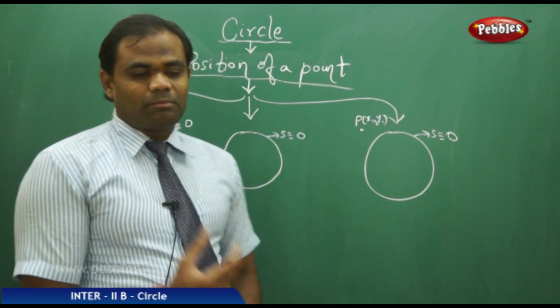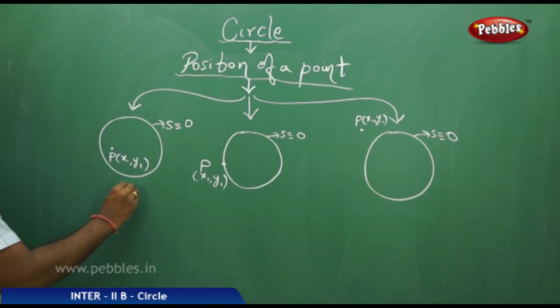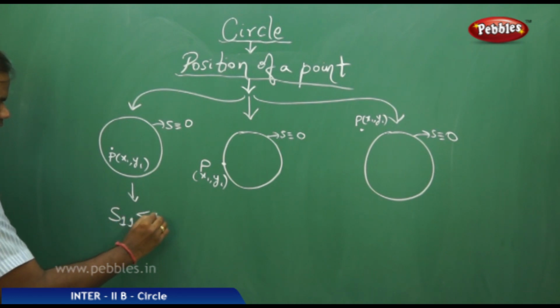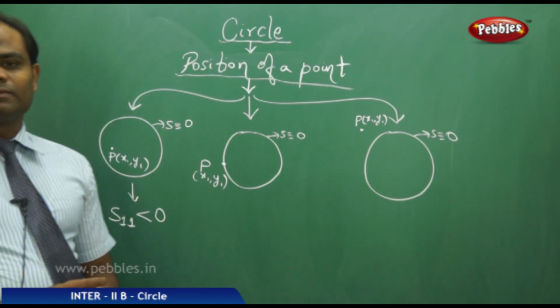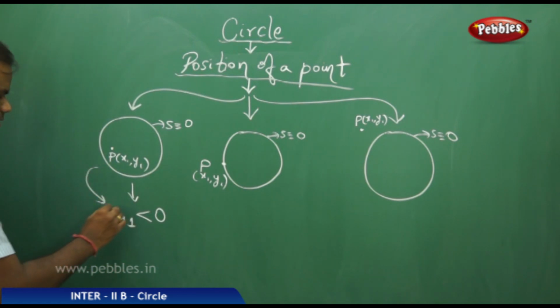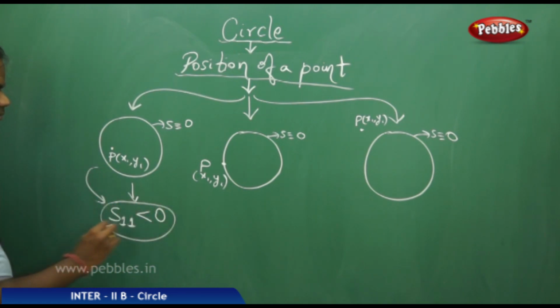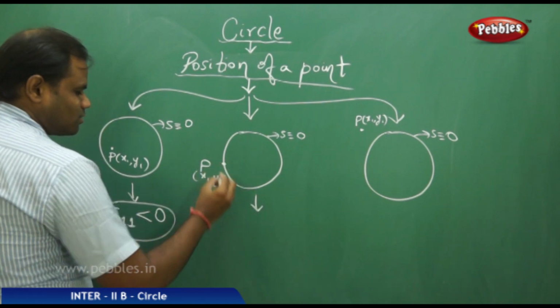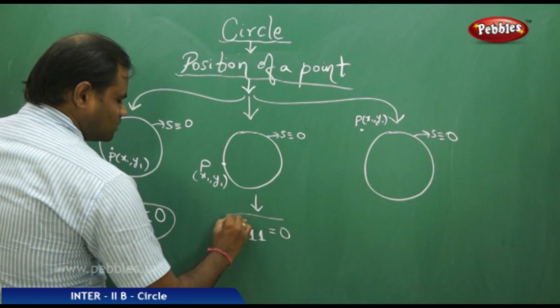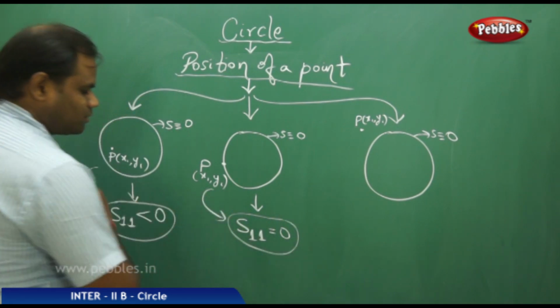Now when the position of the point is inside the circle, we say that S11 is less than 0. The property is that when P lies inside, S11 is less than 0. Now when P lies on the circle, we say S11 is equal to 0.